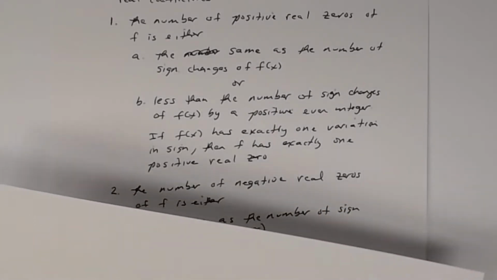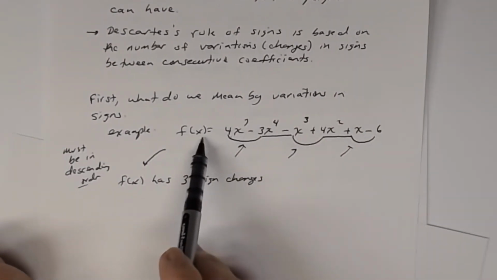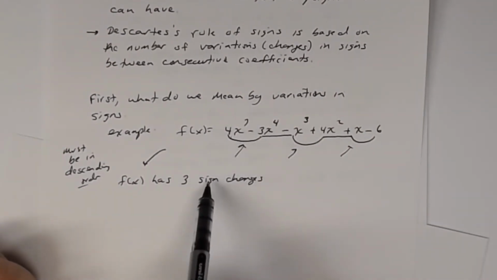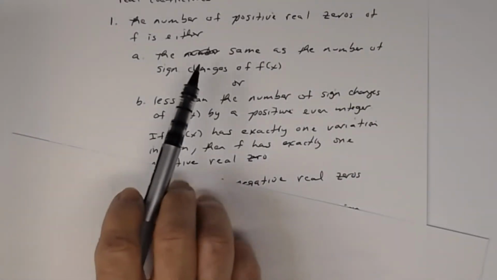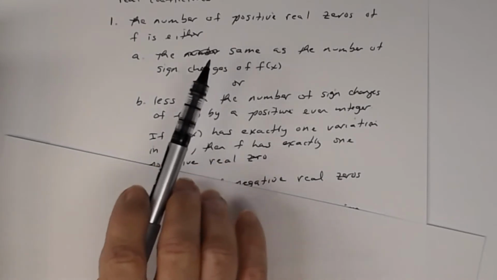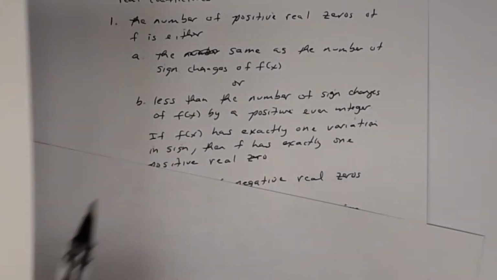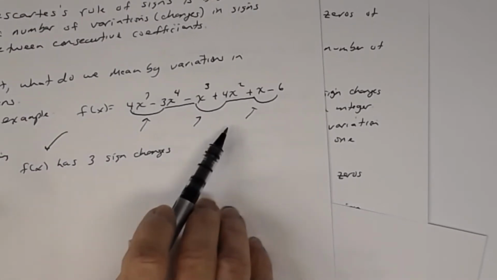So remember in this one right here. So here's my function f of x. There were how many sign changes? 3. So according to this, the number of positive real zeros is either the same as the number of sign changes. So it's either 3. Okay.